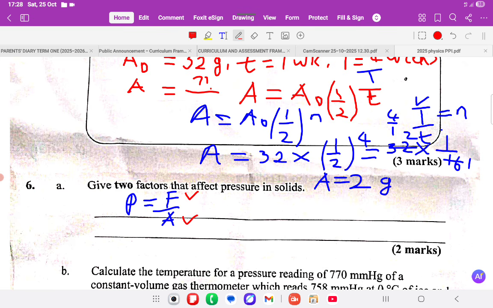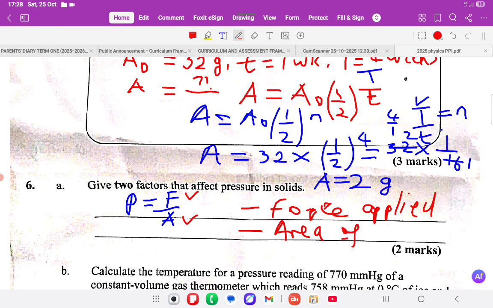So in this case, they are looking for the following. You say force applied. So pressure depends on the size of the force applied and the area of contact.